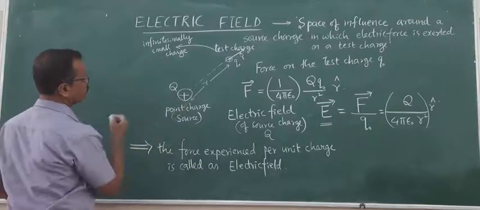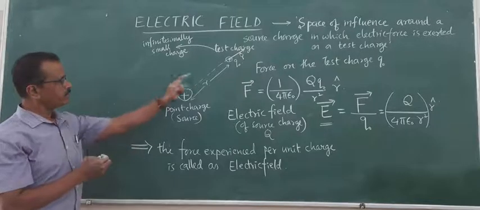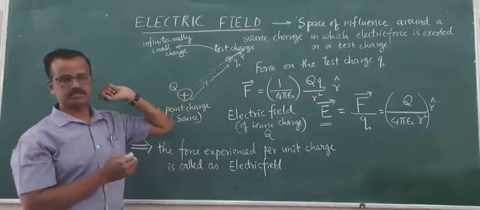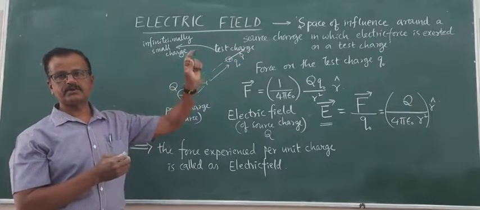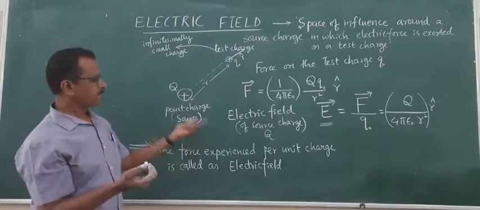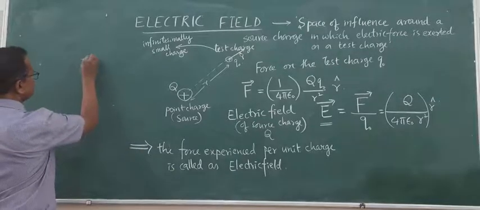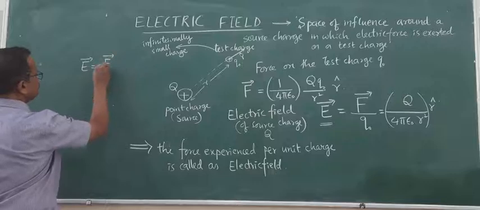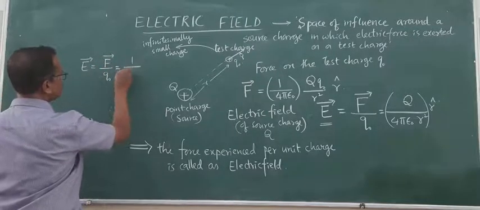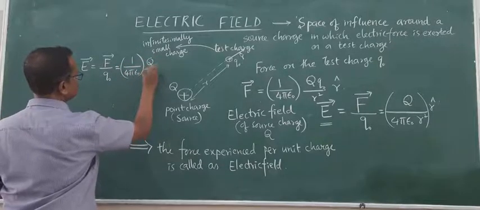In this case, electric field is defined as the force per unit charge experienced by the test charge. So electric field is equal to F upon Q naught. Finally we get 1 upon 4 pi epsilon naught into Q upon r square.